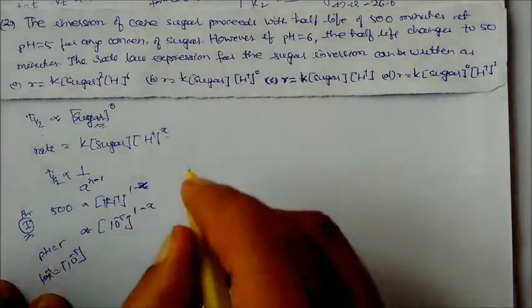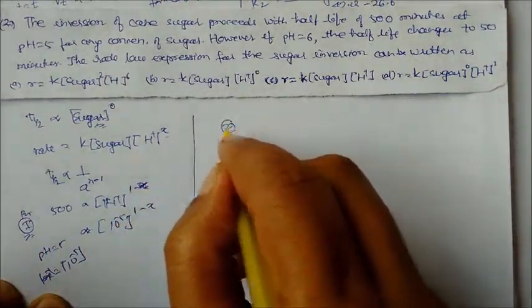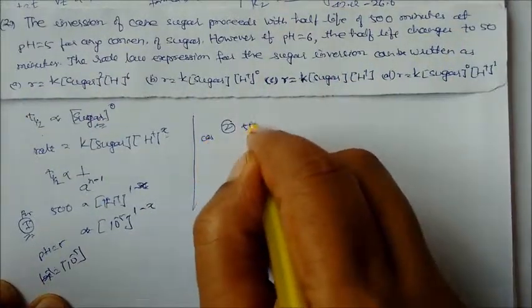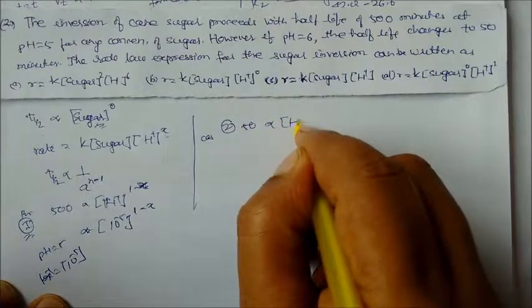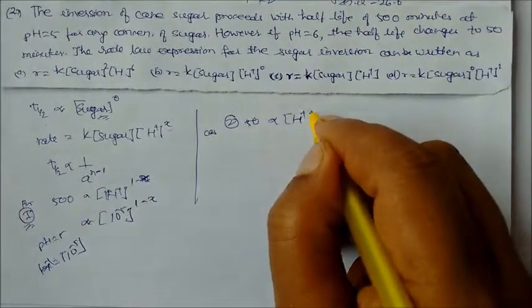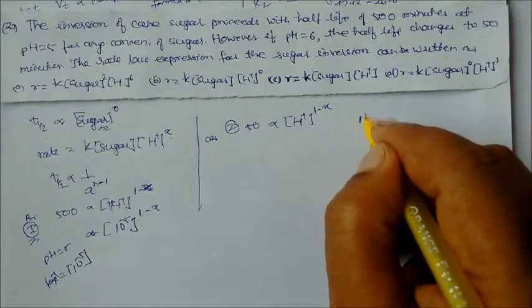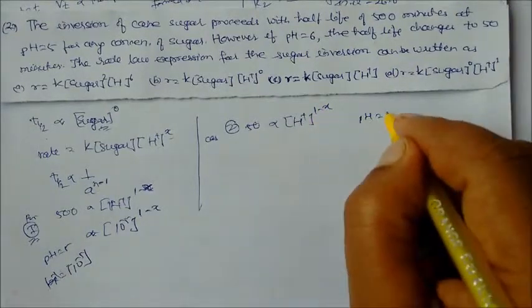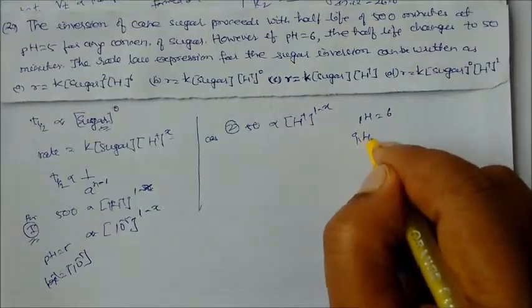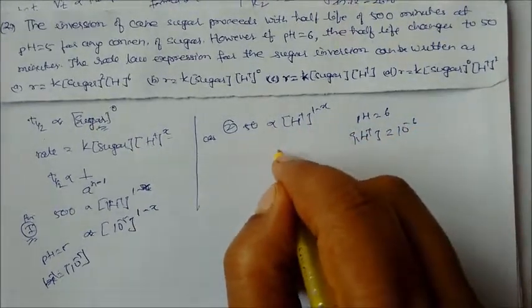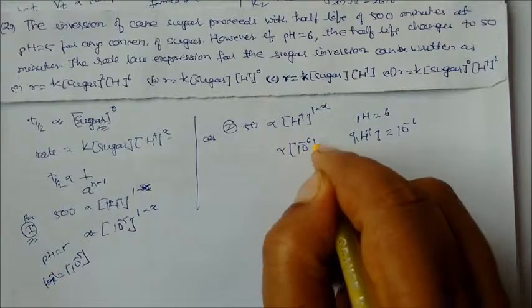Now the second case, half-life is 50 minutes, proportional to H plus to the power 1 minus x, because pH is 6. So here H plus will be 10 to the power minus 6, and we put this value.